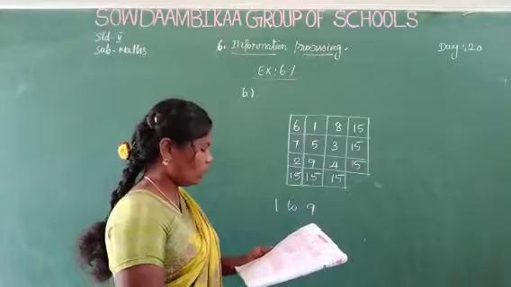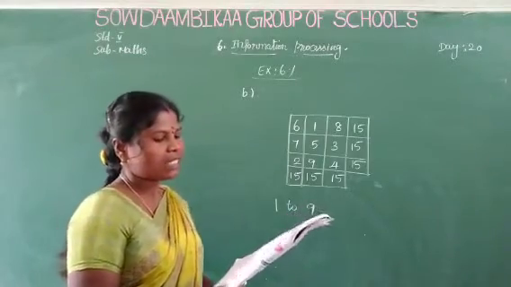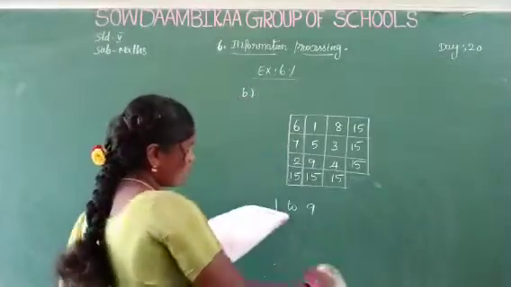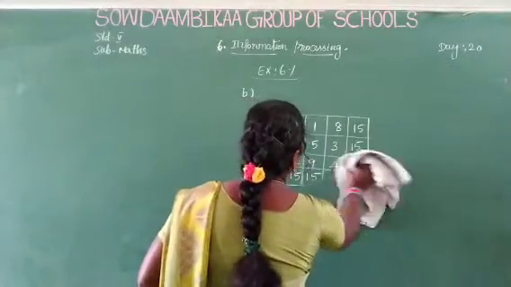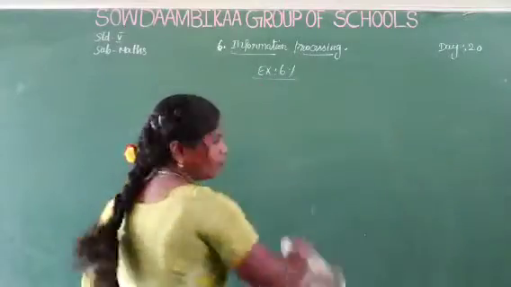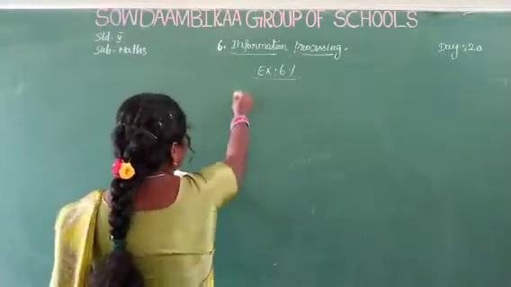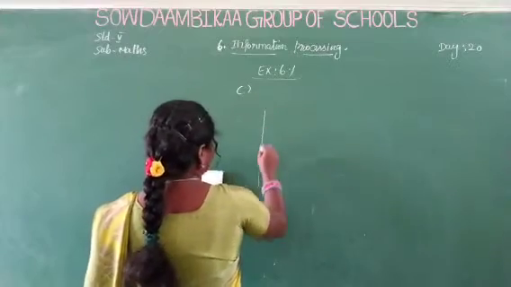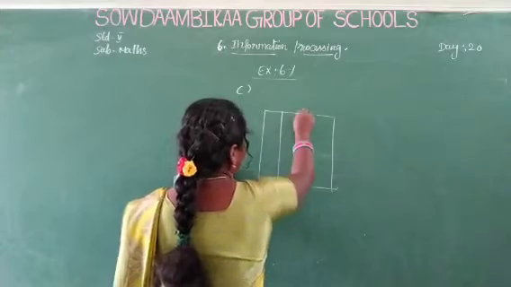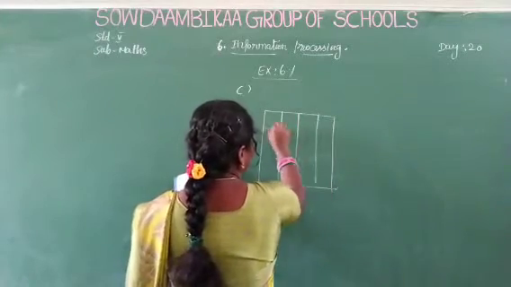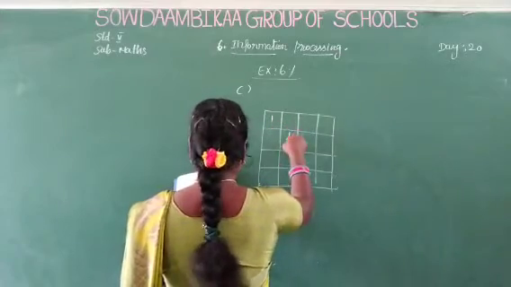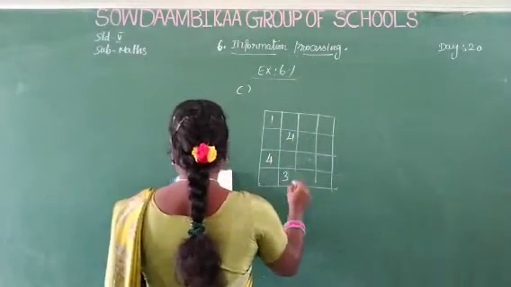Okay. The second one, B, also completed. Next is C. Complete the following 4 into 4 Sudoku using the numbers 1, 2, 3, 4. The numbers are already given, only fill the boxes. 4 boxes, 4 into 4. 1, 4, 2, 3.